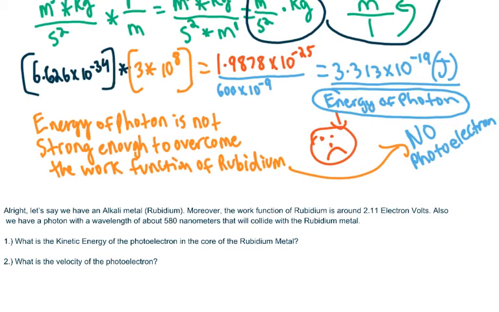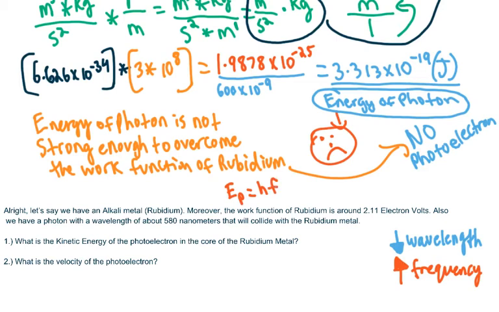So one thing we have to mention before starting is that as wavelength decreases, the frequency increases. So the frequency goes up. And what does that mean? If the frequency goes up, the energy of the photon increases. And we know that because the energy of the photon, E of P, is equal to Planck's constant times frequency.